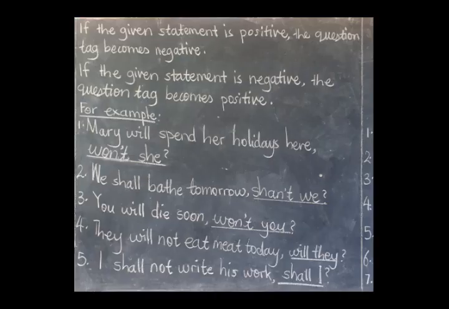If the given statement is negative, the question tag becomes positive. We have some examples. Before we go to the examples, I emphasize that if the given statement is positive, the question tag becomes negative. And if the given statement is negative, the question tag becomes positive.